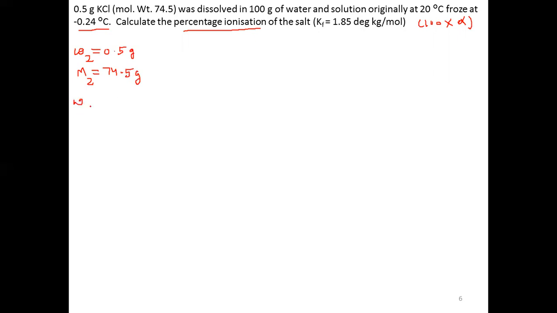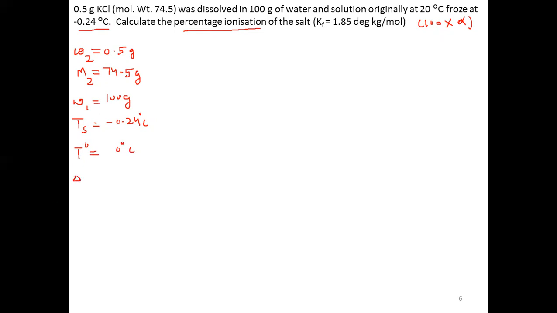We are given weight of solvent. It is 100 grams, and we are given freezing point of solution, Ts is equal to minus 0.24 degrees Celsius. As the solvent is water, we know the freezing point of water. T naught, the freezing point of pure water, is 0 degrees Celsius.